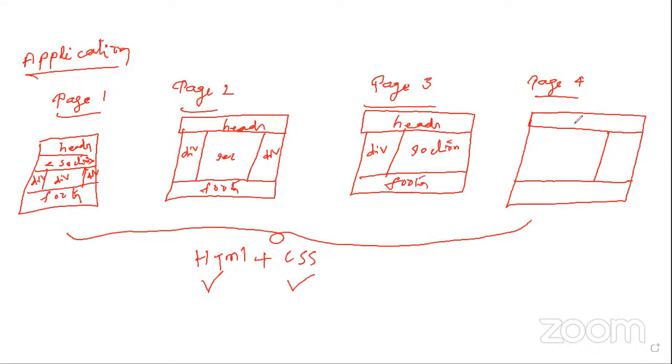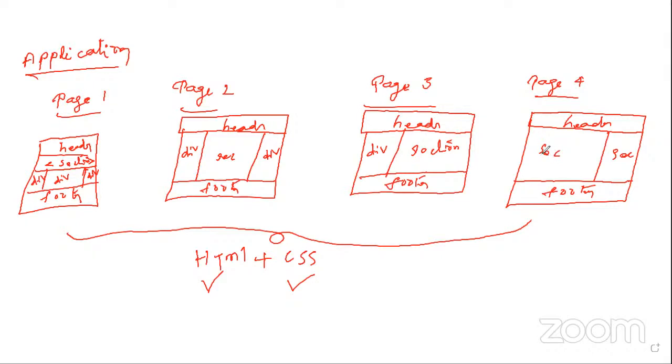In the place of division, we can still use the header tag. It can also be a section, this can also be a section, and this is footer. Like that. First we have to use semantic or non-semantic elements to create a web page. Once the layout is designed, then within the layout we have to place different kinds of elements.